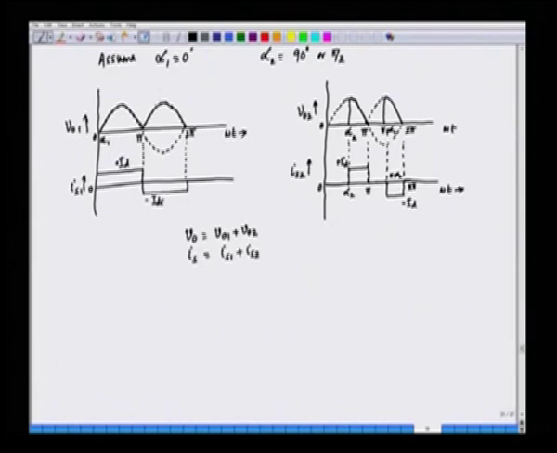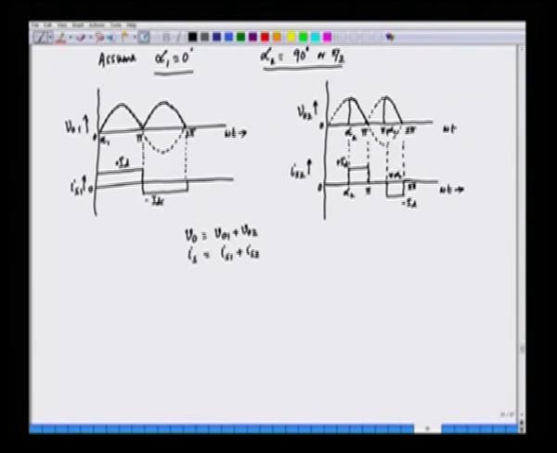So, this is basically for alpha 1 equal to 0, and the converter 2 is operated at alpha 2 equal to 90 degree or pi by 2, and here VO2 has got the waveform like this, and the current here is a quasi rectangular current which is only flowing from alpha 2 to pi and pi plus alpha 2 to 2 pi.